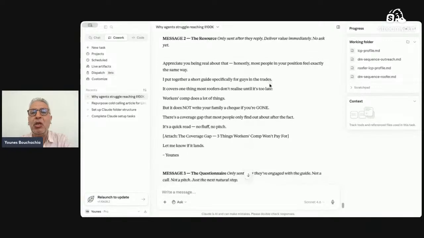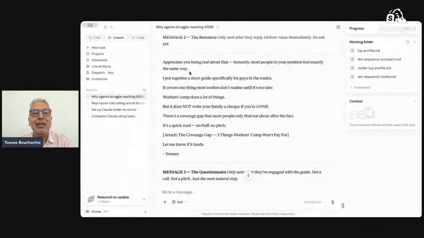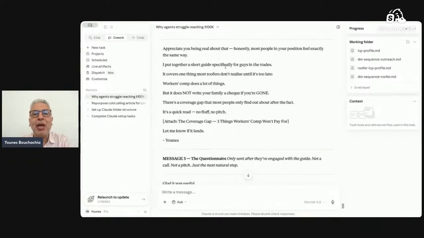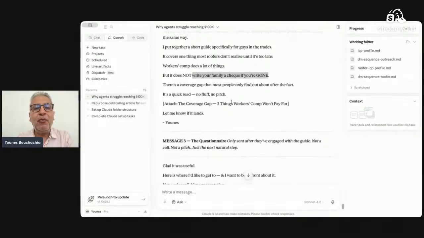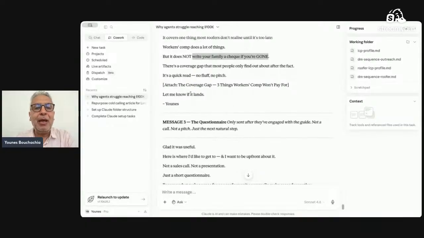Honestly, most people in your position feel exactly the same way. I put together a short guide specifically for guys in the trade. It covers one thing most roofers don't realize until it's too late. Workers' compensation does a lot of things, but it does not write your family a check if you are gone. There's a coverage gap that most people only find out about after the fact. It's a quick read, no fluff, no pitch, and we send this.